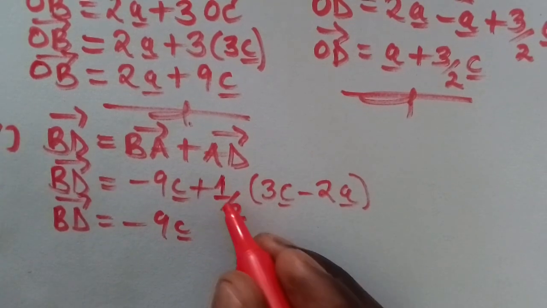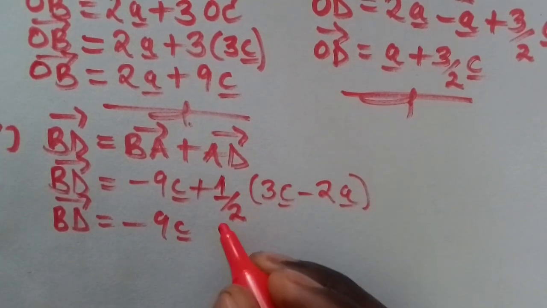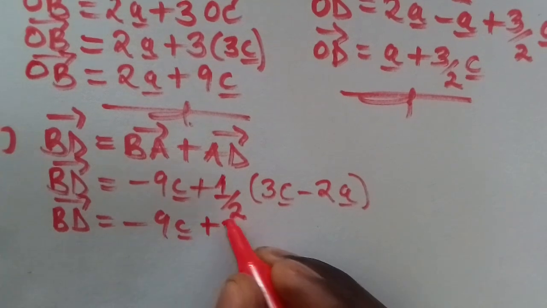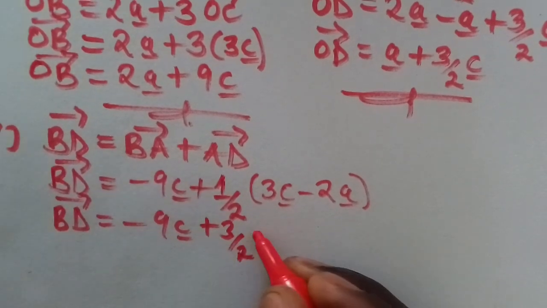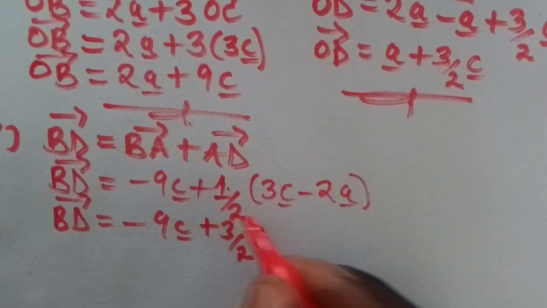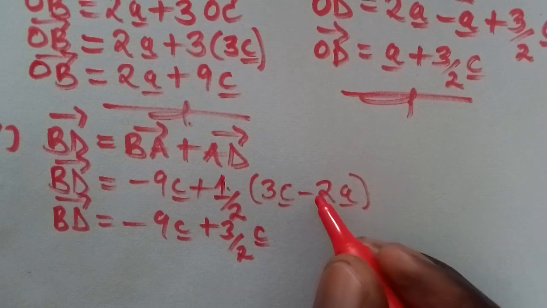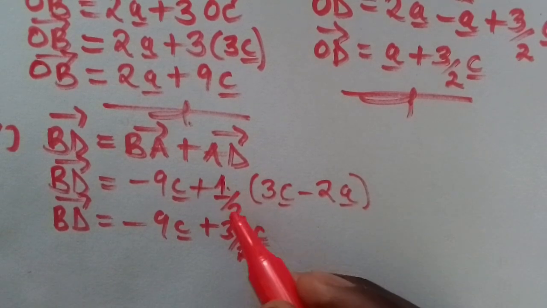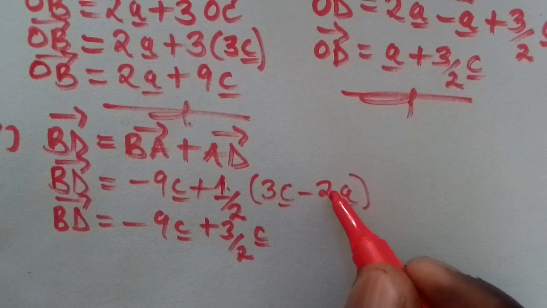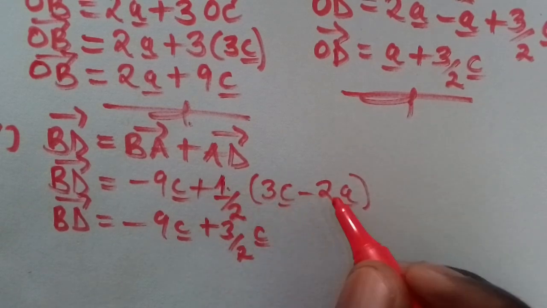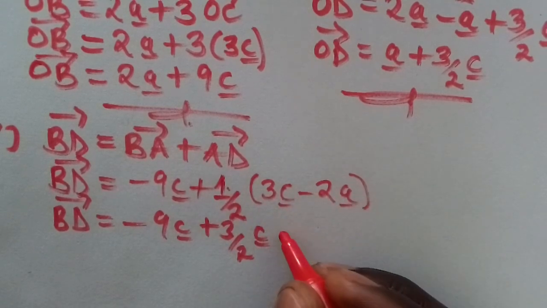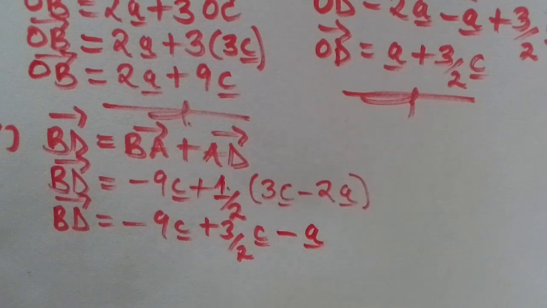Then multiplying 1 over 2 times 3C vector, this will give us 3 over 2 C vector. 1 over 2 times negative 2A vector, these 2 will simplify with these 2. So 1 times negative A will just give us negative A vector.